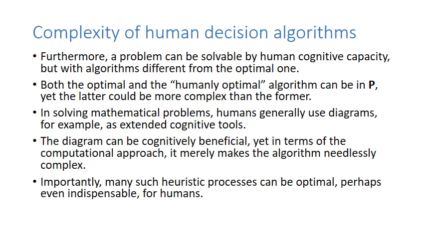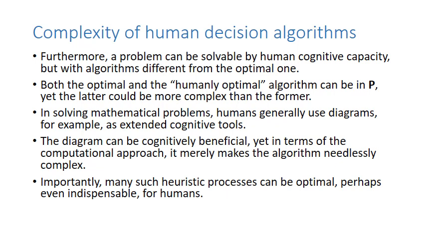Both the optimal one and what I call the humanly optimal algorithm can be in P, yet the latter could be more complex than the former. Of course, the opposite cannot be the case, because the optimal algorithm is by definition the least complex algorithm for solving a problem.